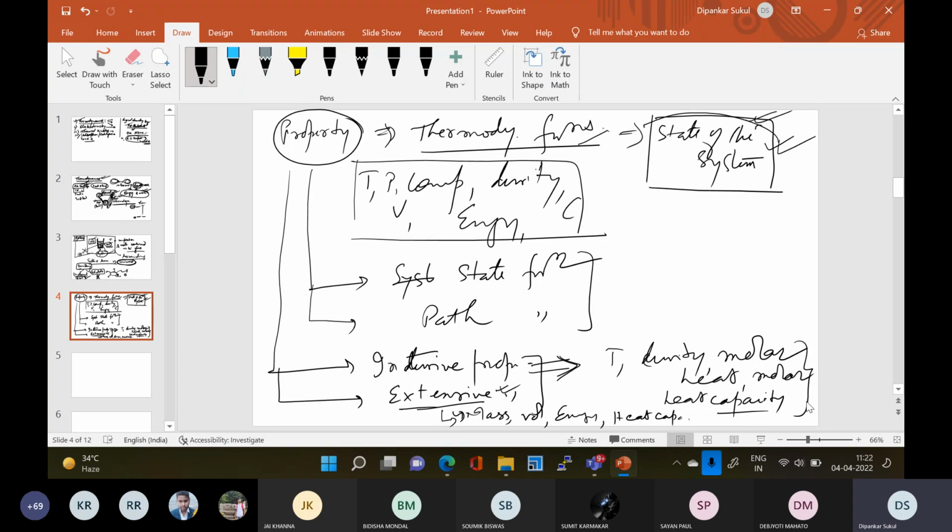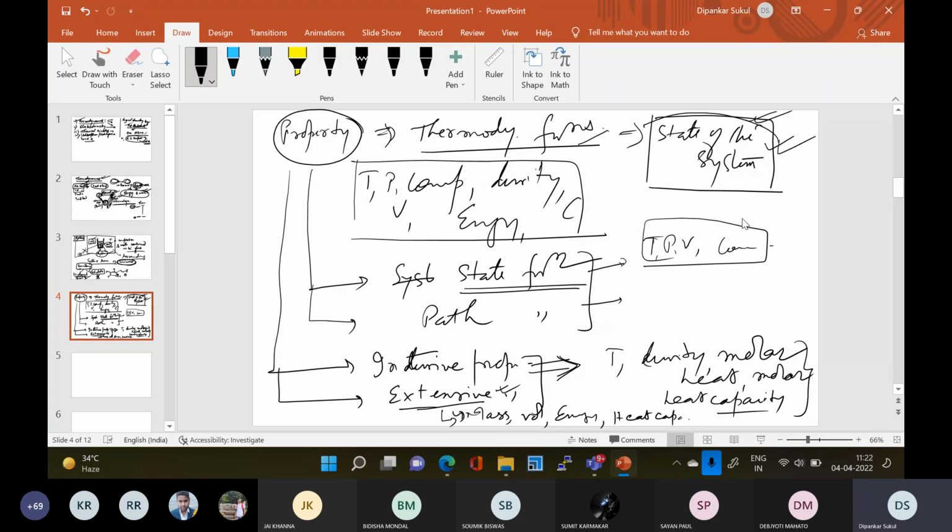Now, state function and path function. There are some thermodynamic functions which depend only on the state of the system. Suppose temperature, pressure, volume, composition, these all are state functions.